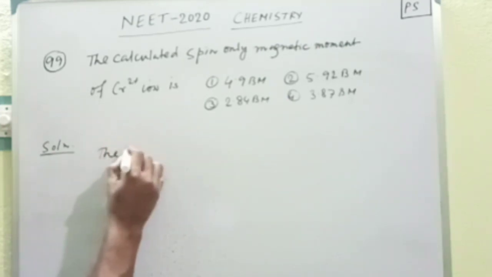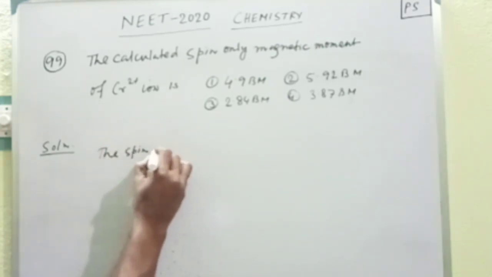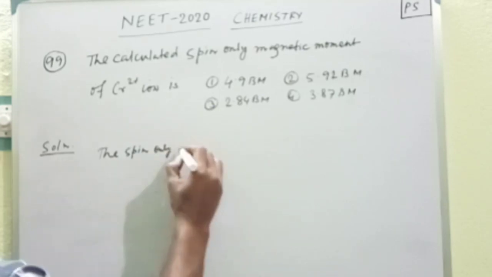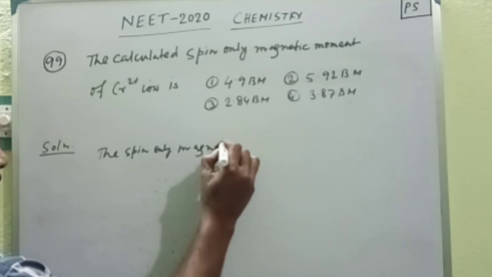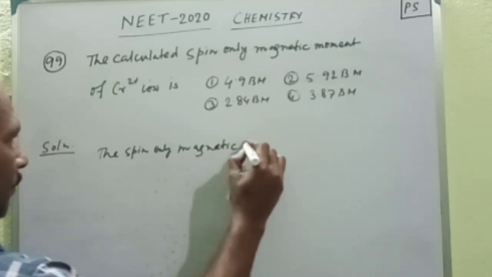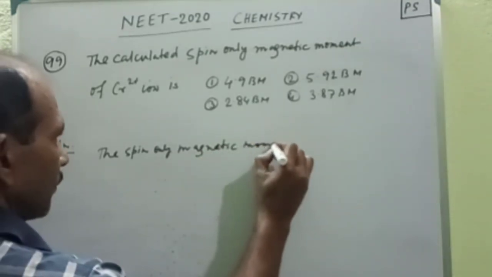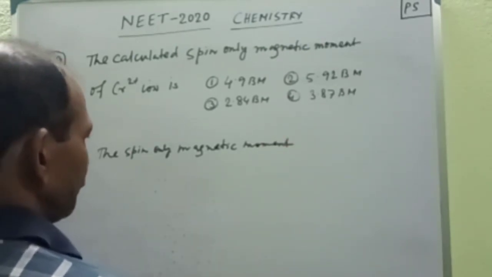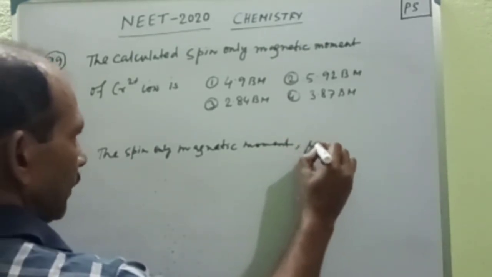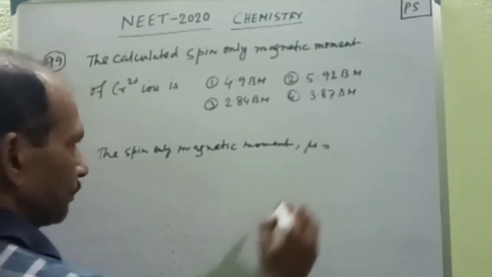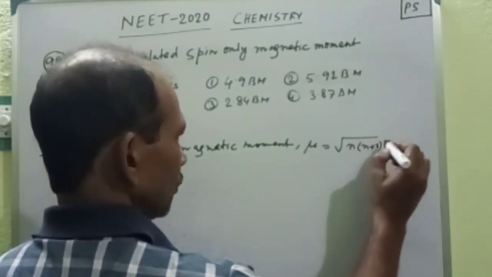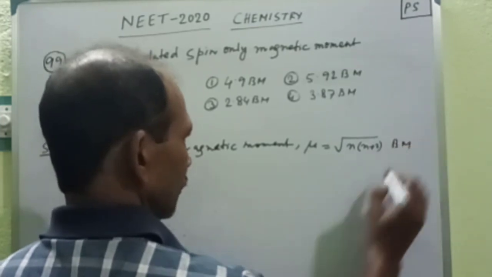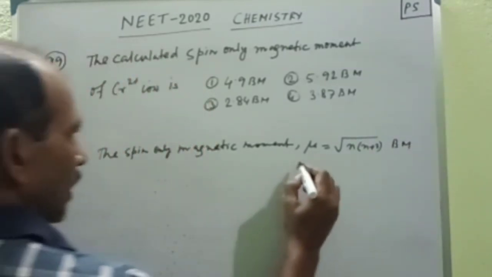The spin-only magnetic moment equals root over n into n plus 2 Bohr magneton. This is the formula.